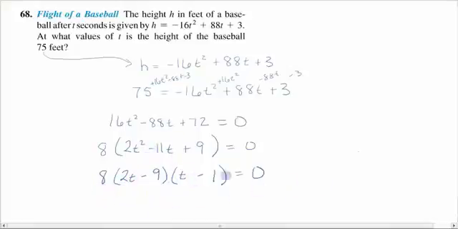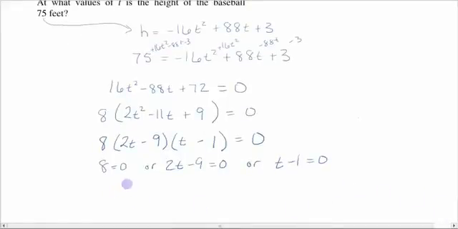So now I have 3 factors that equal 0, and we can still use the zero product rule. So this factor equals 0, or this factor equals 0, or this factor equals 0. Okay, and 8 equals 0 does not make any sense, so we throw that out.